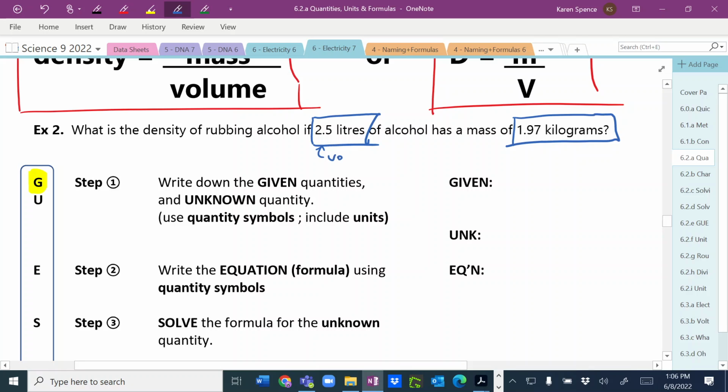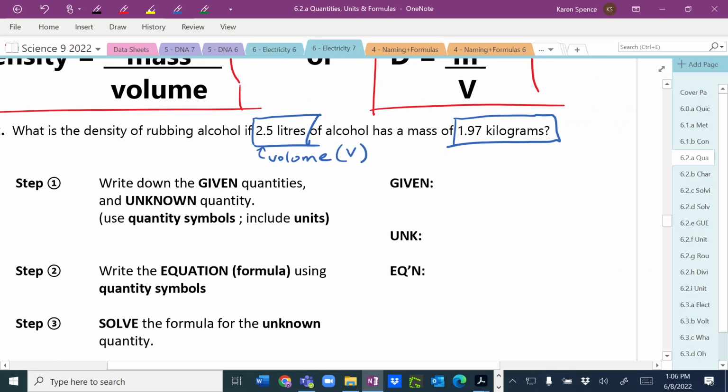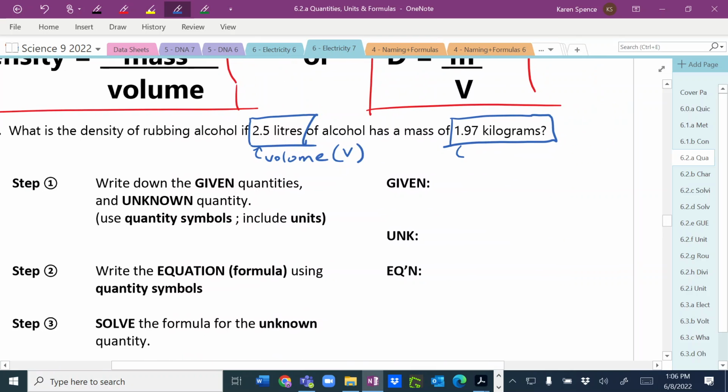So that is our volume, and that is a capital V. How about kilograms? What quantity is associated with kilograms? That's mass, and that is lowercase m. Now, if it helps you to write this out in the problem, please go for it, but you don't have to. That's not the part you're being marked on.